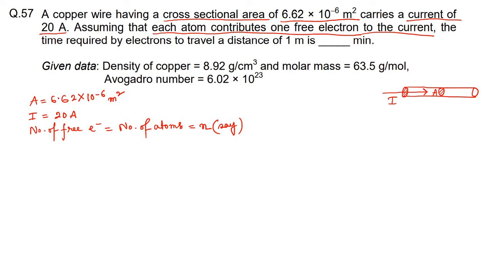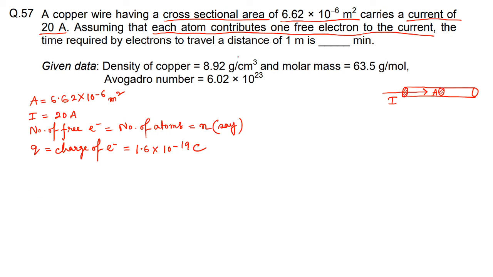Now we know that the charge of an electron is e, or we can take it as Q. Q is, suppose, the charge of one electron, which is equal to 1.6 into 10 to the power minus 19 coulomb. We know this value.